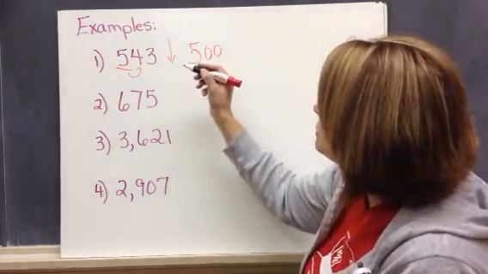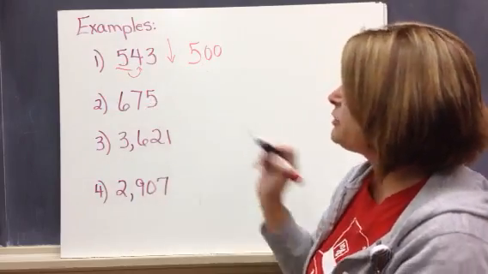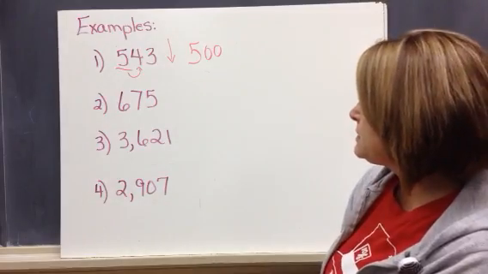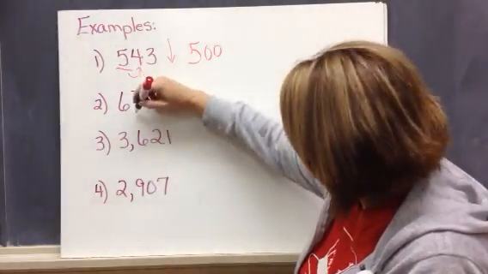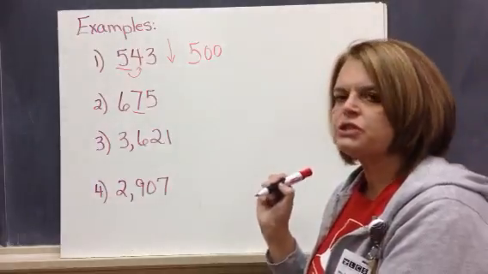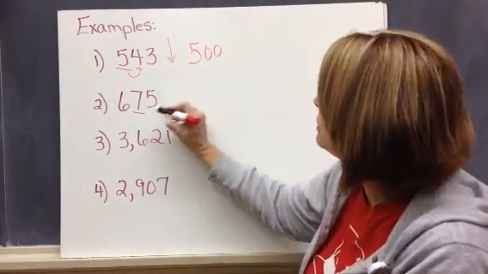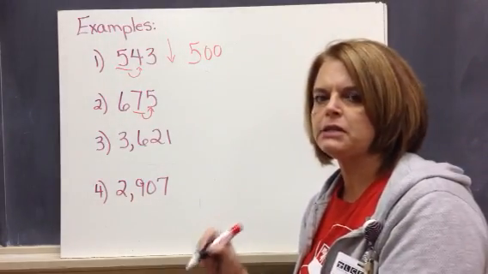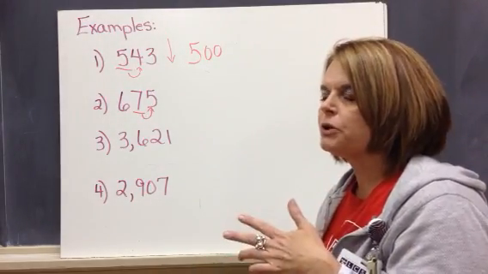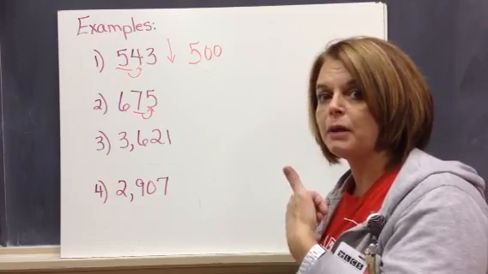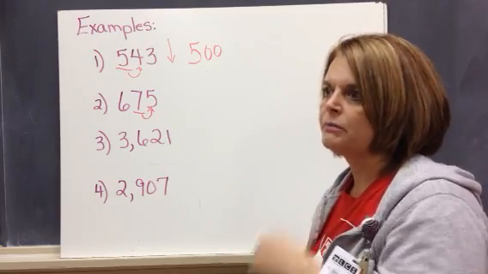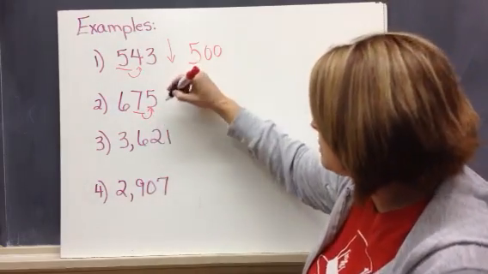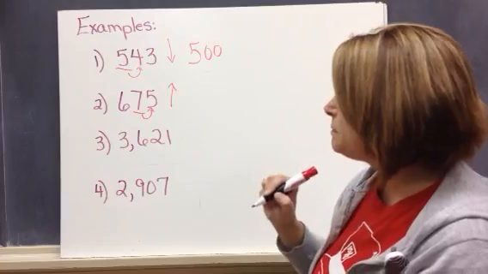Alright, let's round 675 to the nearest tens place. Alright, what digit is in my tens place? My 7. Which digit tells me what to do? The 5. What does 5 tell me to do? If it's 5 or more, I'm going to round up. If it's less than 5, I'm going to round down. Since it's 5, I'm going to round up.